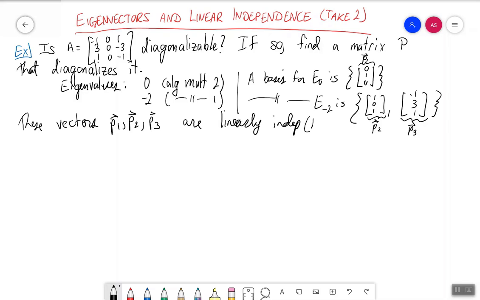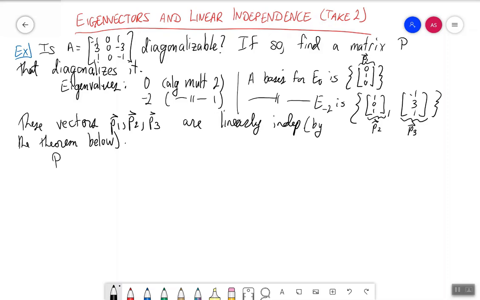So I'll put this below, by the theorem below. But before I give you that theorem, I want to do something with the fact that they're linearly independent.